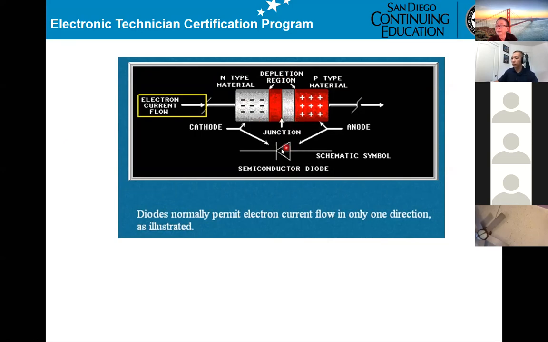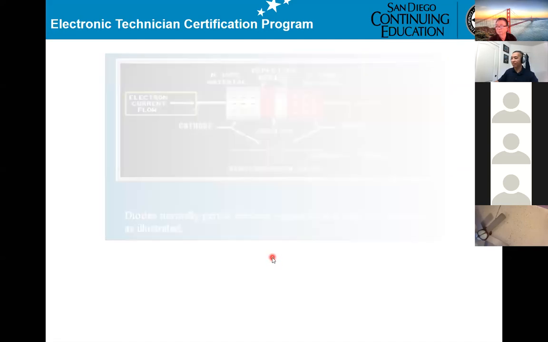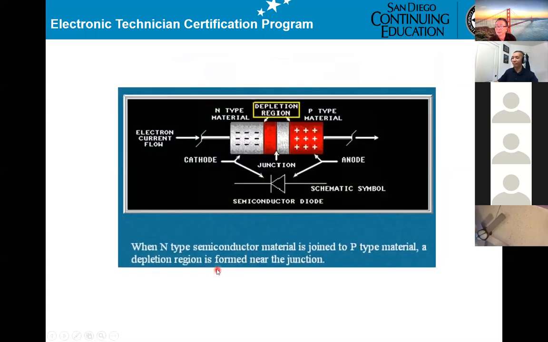This is the symbol for the diode. On this side is the anode, this side the cathode. When n-type semiconductor material is joined to p-type material, a depletion region forms. This is the depletion region.